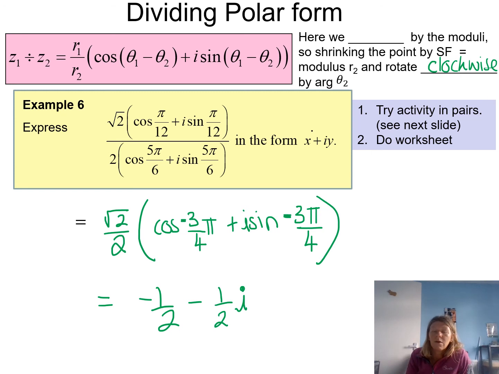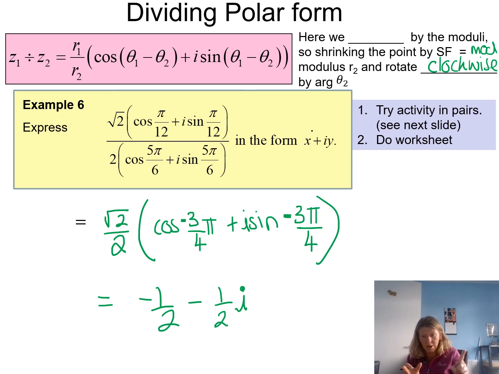I think I want to write here the mod. It's shrinking by the mod. Don't really like that. I'm not going to leave it blank, though. Basically, you're dividing by the scale factor of 2, and you are rotating it clockwise rather than anti-clockwise.